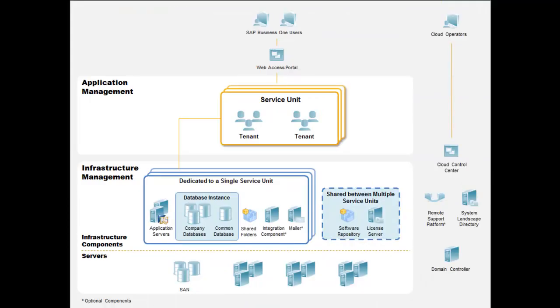So let's now talk about how we do that. What we've done with SAP Business One, and we started this with release 8.82, is we've introduced a number of infrastructure layers which are available for the organizations that are delivering the hosting of SAP Business One. And all of these components go under this generic name of the SAP Business One Cloud Control Center.